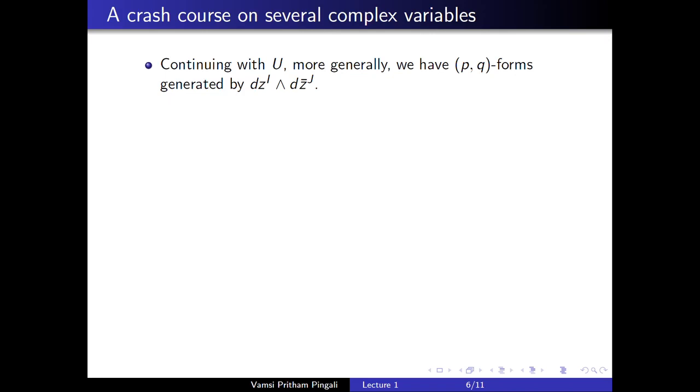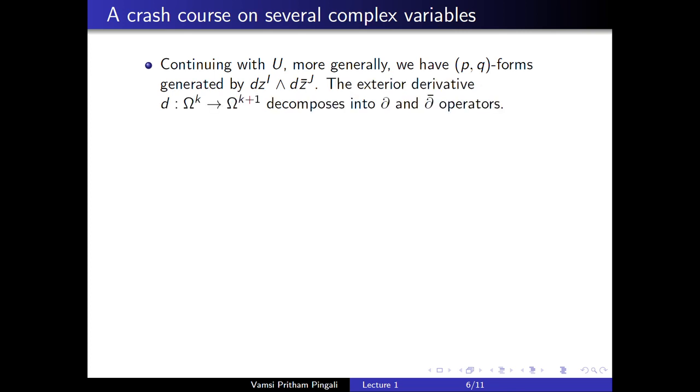You can take any multi-index with p as its size and q as the size of j, and you get lots of such forms. I think there'll be n choose p times n choose q in number, unless I'm mistaken. So these forms generate a vector space that's called p,q forms.